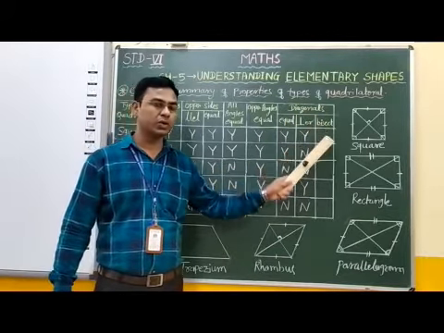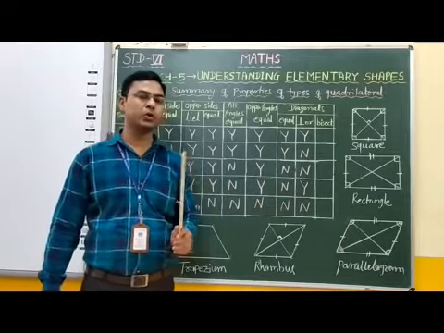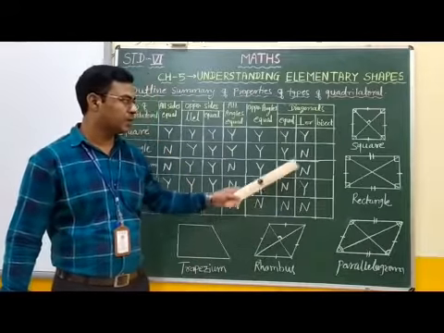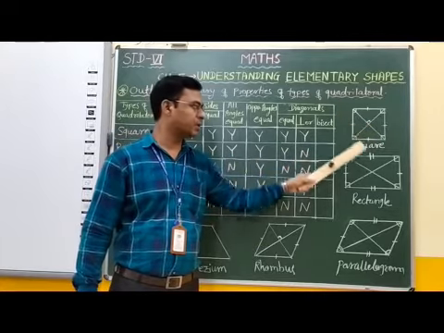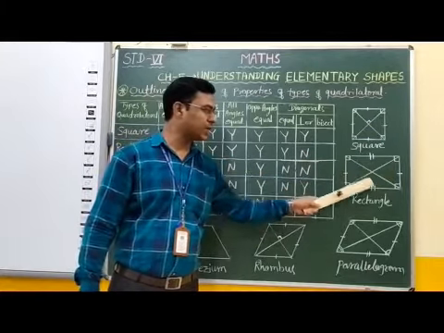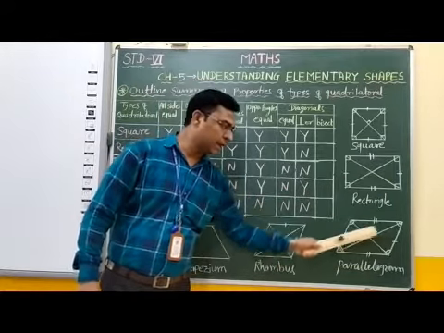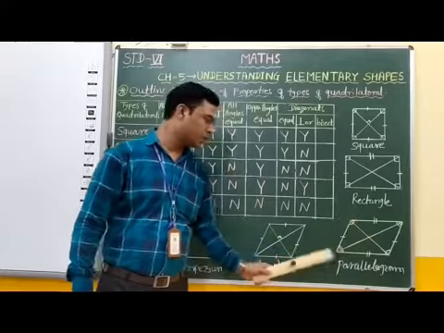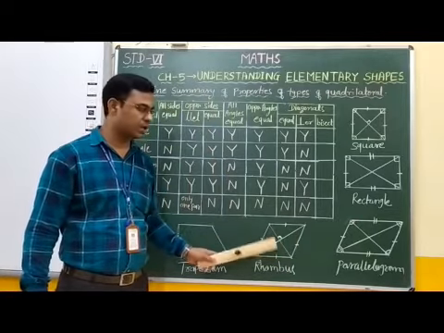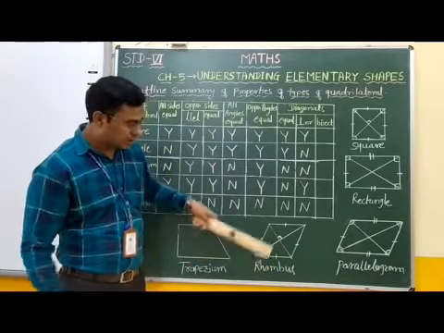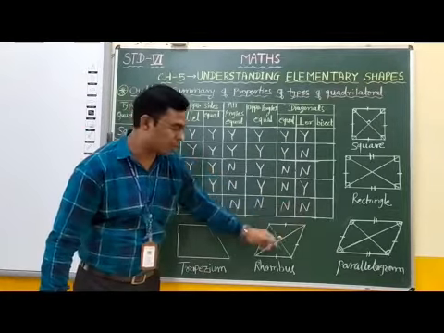Now last, diagonals bisect each other. Here bisect means divided into two equal parts. Therefore, here diagonals bisect each other. Here diagonals bisect each other. Here also in parallelogram diagonals bisect each other. Here in rhombus diagonals bisect each other, means this length and this length are equal.